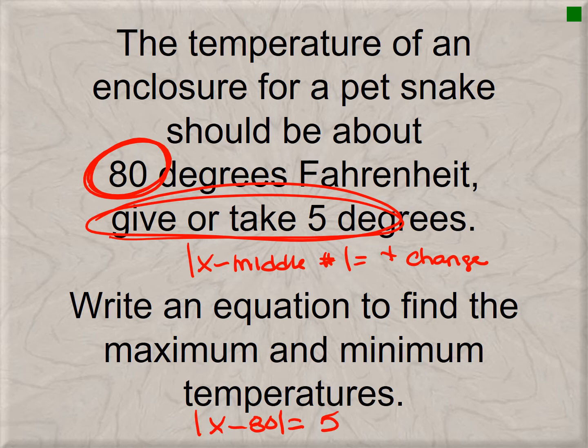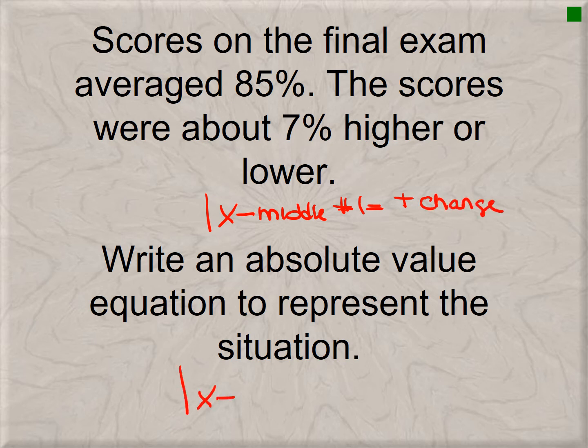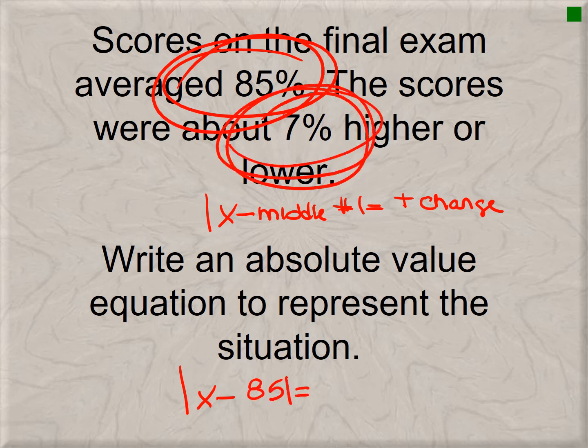All right, we're not going to solve it. We're just going to write it. Scores on the final exam averaged 85%. Again, absolute value of x minus the middle number is equal to the positive change. So x minus average, that's the middle, 85, equals, some were 7% higher, some were lower, so the change is 7.